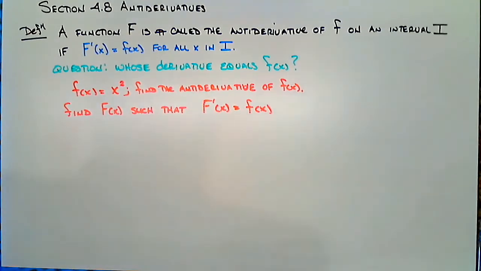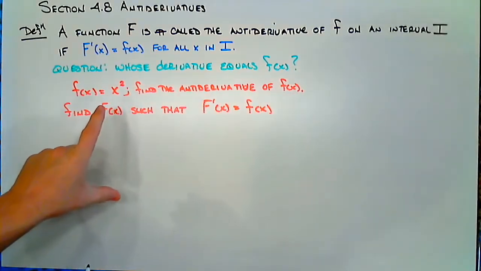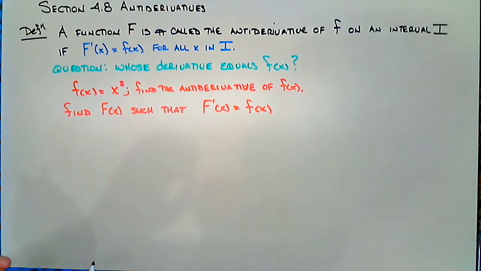Now for us, this is a change in direction. We're not used to going backwards. And that's literally what we're doing here. We've been given a function, and we are asking ourselves, somewhere there is a function whose derivative equaled x squared, and we're supposed to find that function.